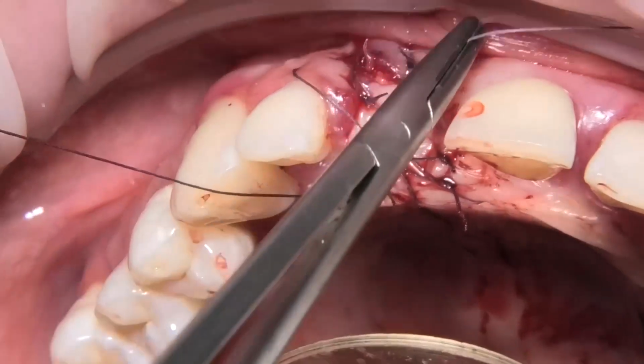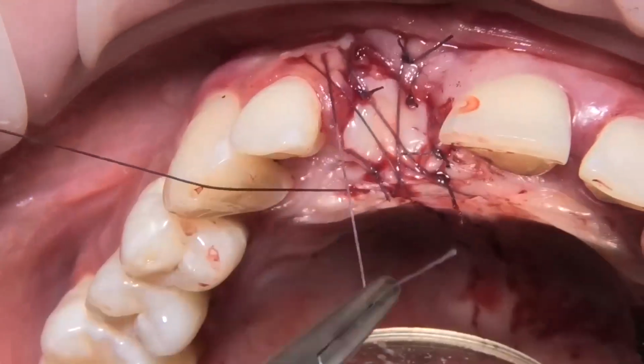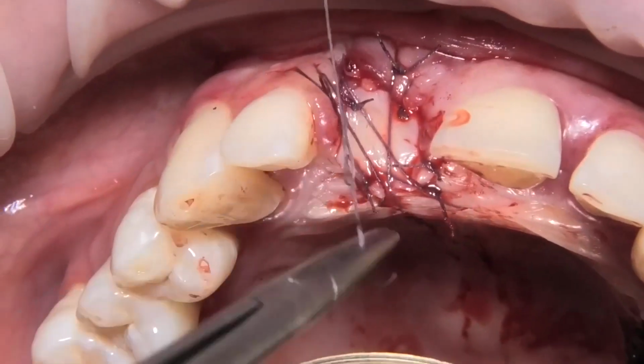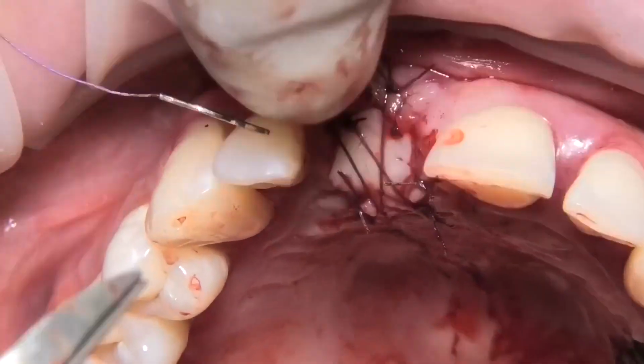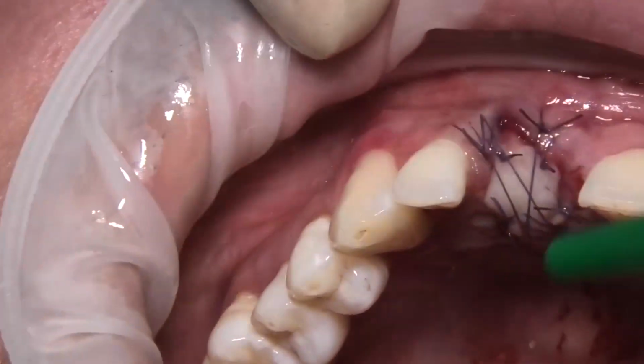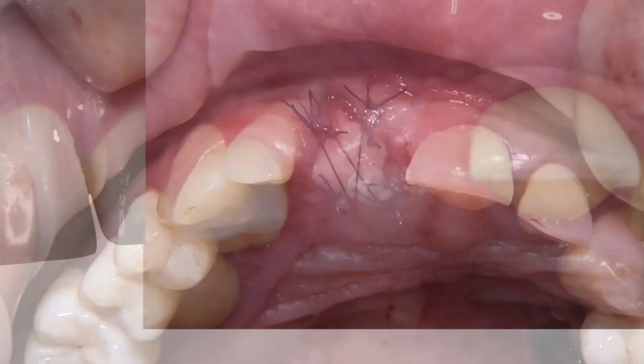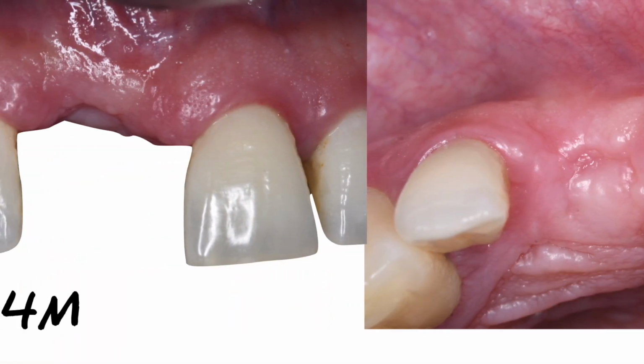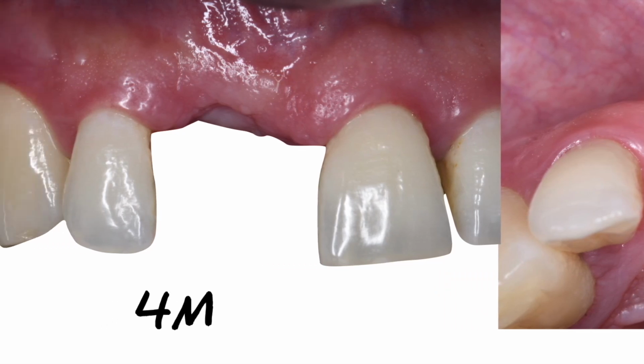It's important that this graft is easily mobilized, because if it's not easy, we can have some necrosis of the graft. After this is the end of the first surgery, and 4 months later, this is the clinical situation.